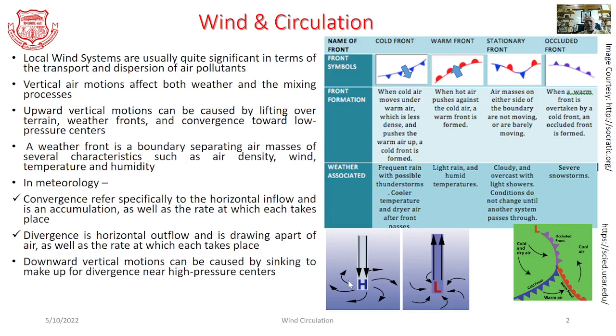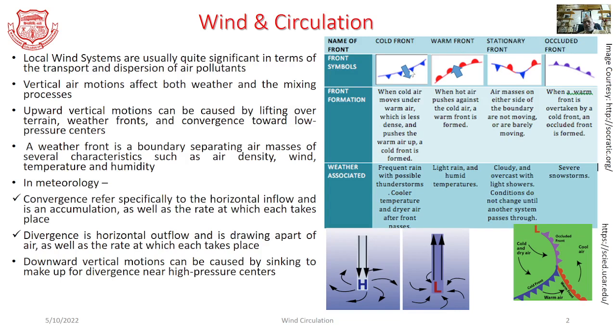As we discussed the types of fronts, we can categorize them as cold front, warm front, stationary front, as well as occluded front. As we refer to the weather map, it will be using some specialized symbols.